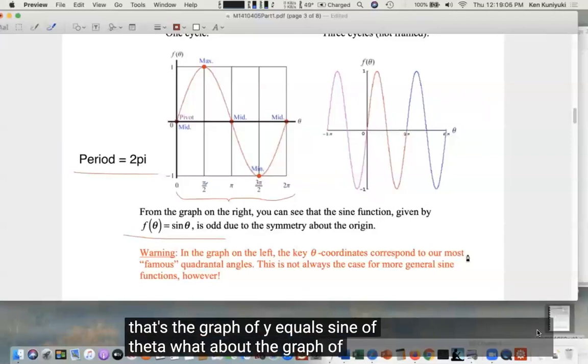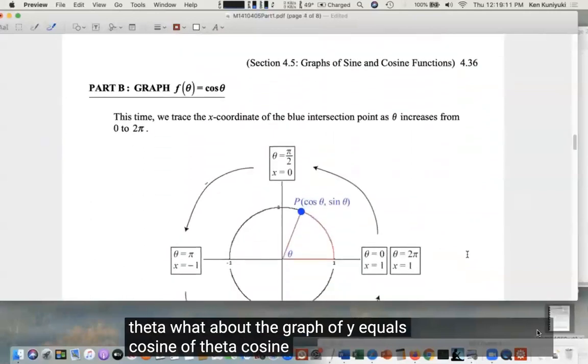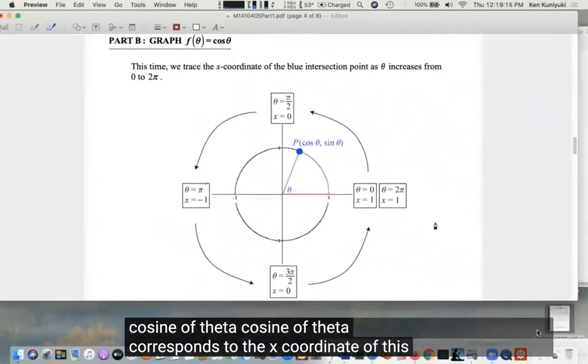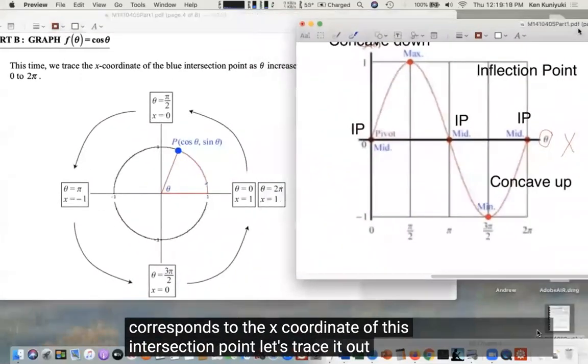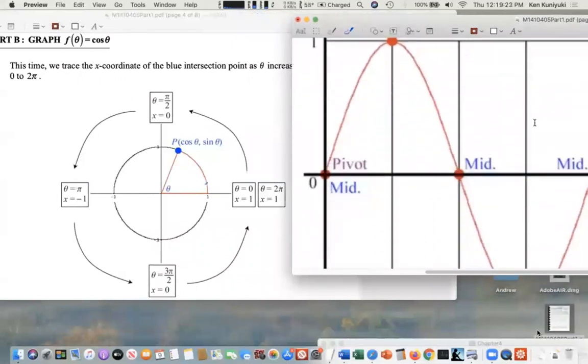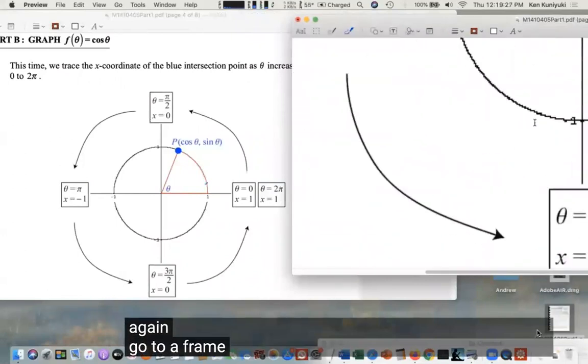What about the graph of y equals cosine of theta? Cosine of theta corresponds to the x-coordinate of this intersection point. Let's trace it out. Again, I'm going to go to a frame.